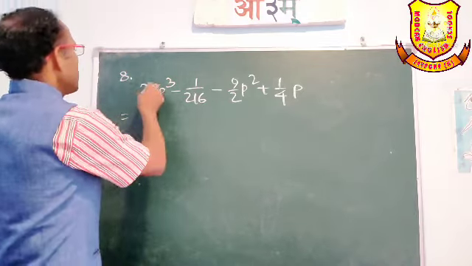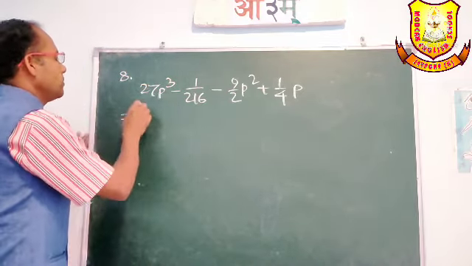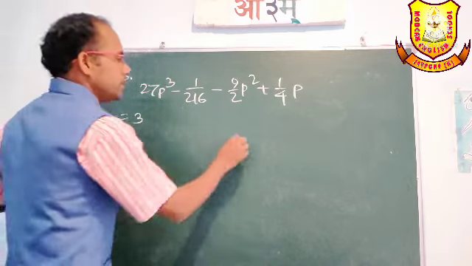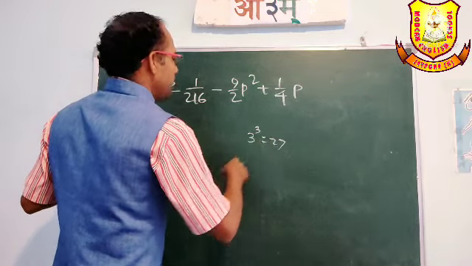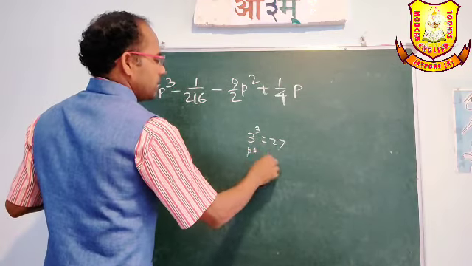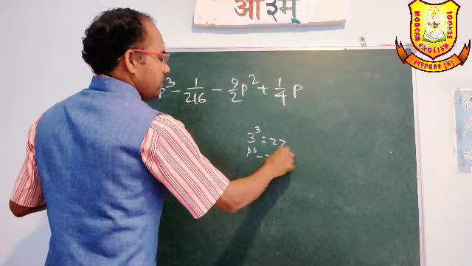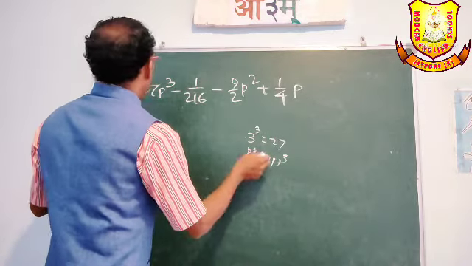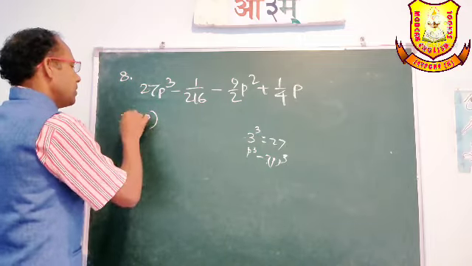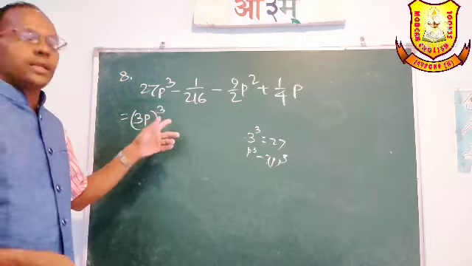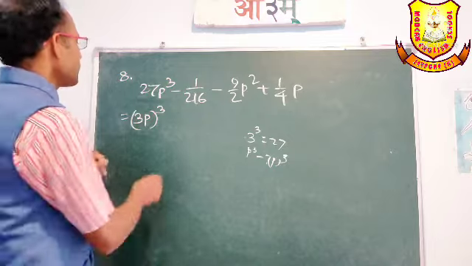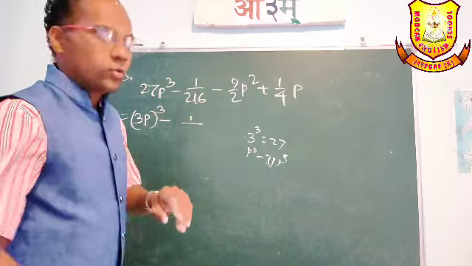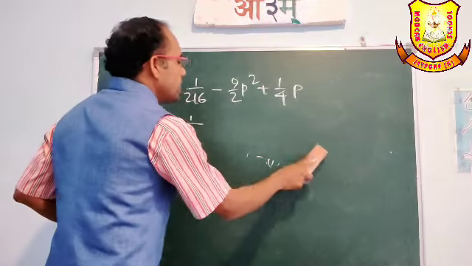Let's start. So 27p cube, 27 is 3 cube and p cube is p whole cube. So obviously we can take (3p) whole cube, 3 3 is 9, 3 9 is 27, p cube. Minus 216, whose cube root we need.